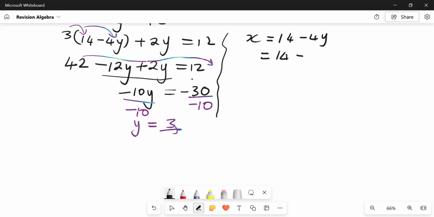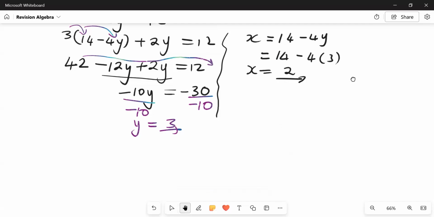What is our y? 3. So 14 minus 12, that's 2. So your x is 2. And then we've solved for x and y. That's it. Now let's move to the next question.